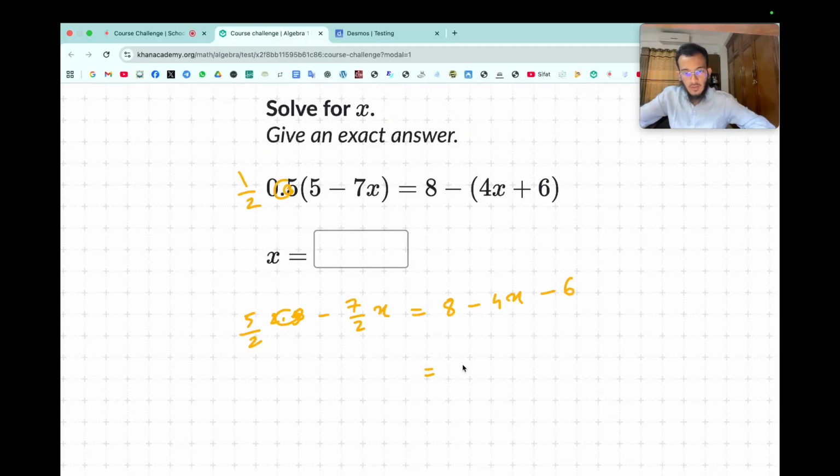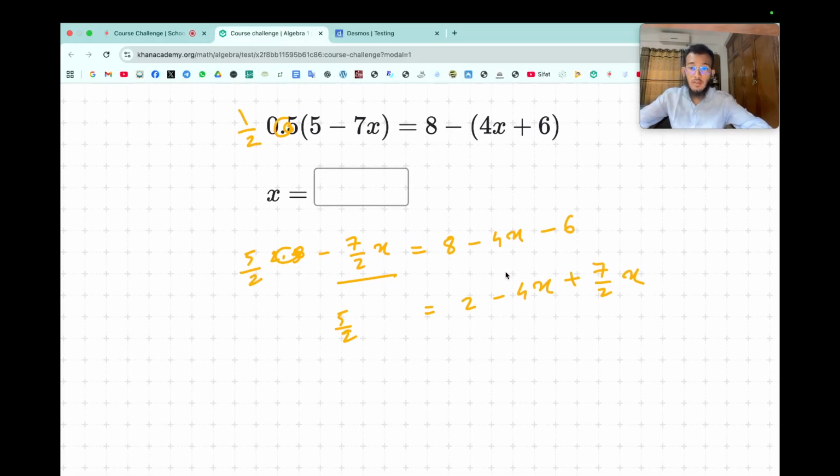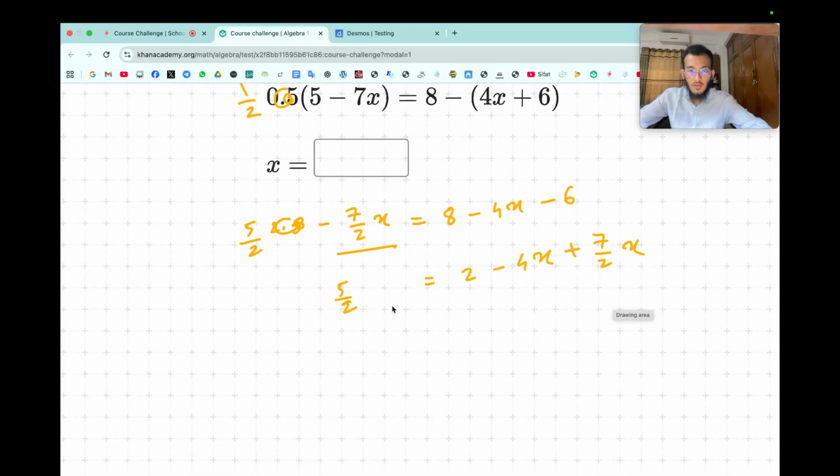So 8 minus 6 is 2 minus 4x, and plus 7 by 2x. So basically I bring this one here by adding plus 7 by 2x to both sides. Okay, so it minus negative 2x, and this becomes positive 7 by 2x. So if I change this to here, 5 by 2 minus 2 equals 7 by 2x minus 4x.